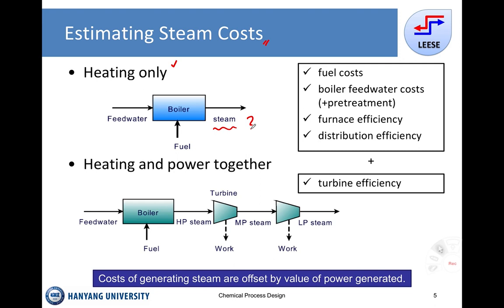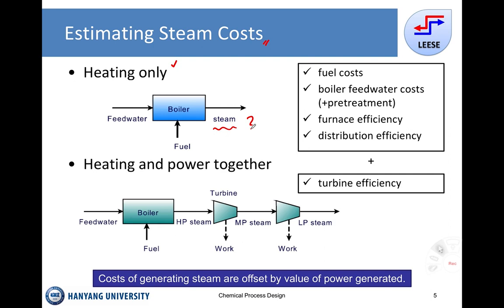We have to buy the fuel in order to provide heat for the boiler. So the fuel cost should be calculated first, then the feed water cost should be added. Then based on these two things, we have to check how much steam is produced by using the furnace efficiency.